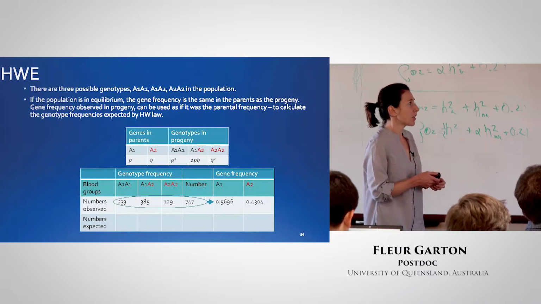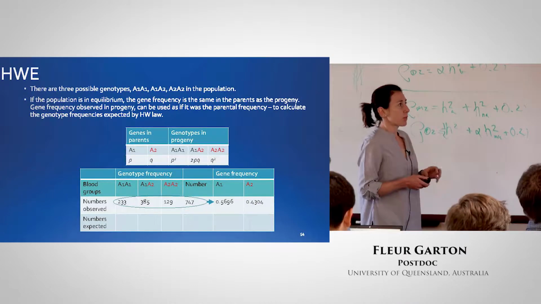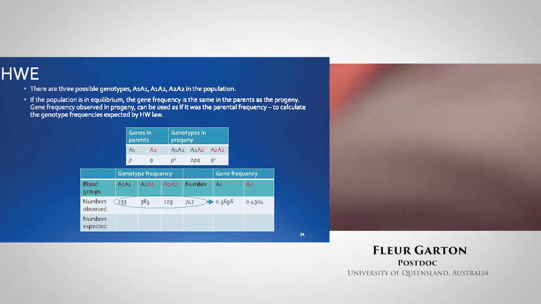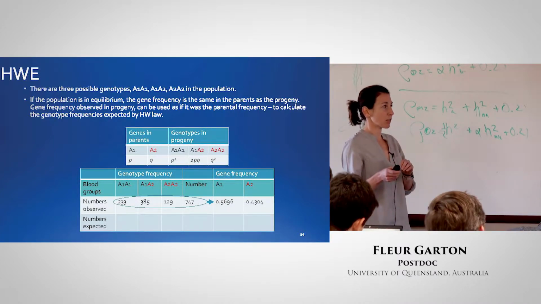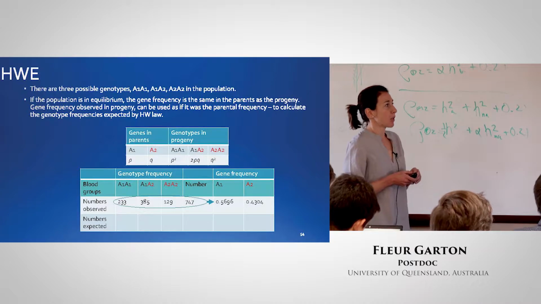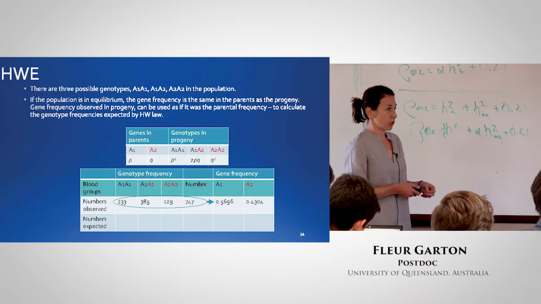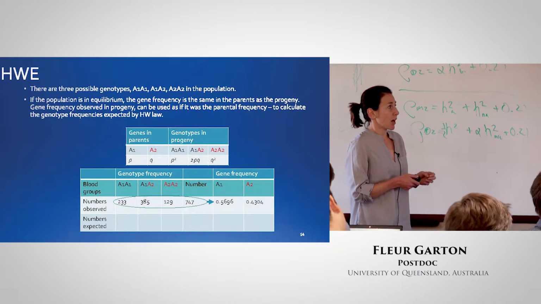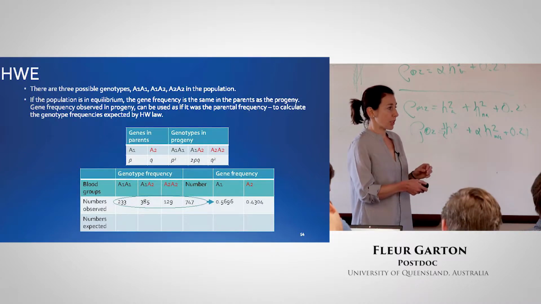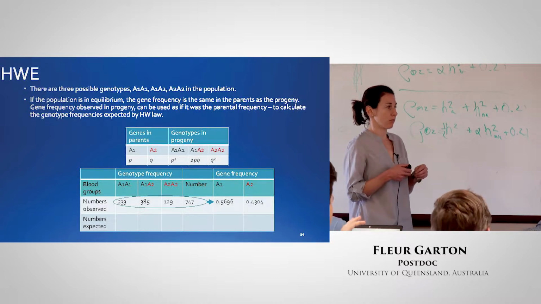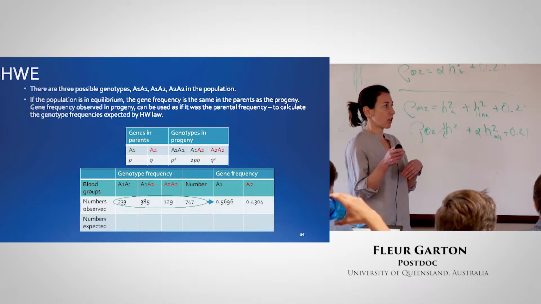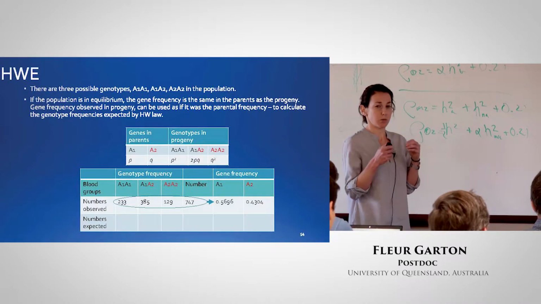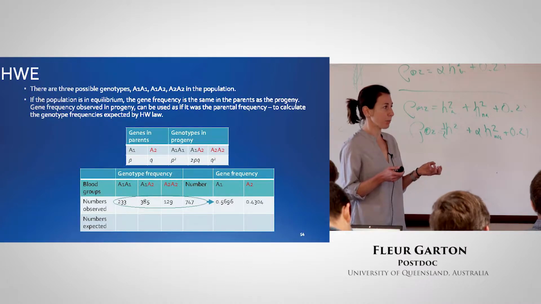So if we just look at the Iceland numbers, if the population is in equilibrium, the gene frequency should be the same in the parents as it is in the progeny. So let's assume this is the progeny, the offspring. And then we can use these frequencies to test the parental frequency, and then you can calculate the genotype frequencies that you would expect based on Hardy-Weinberg.